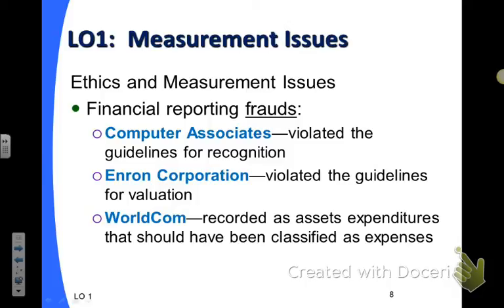So it made their expenses look very low, and so therefore made them look much more profitable. So you can see how being unethical in using those measurement tools, not applying them correctly, can really result in significant financial problems. All of these companies ended up going bankrupt.